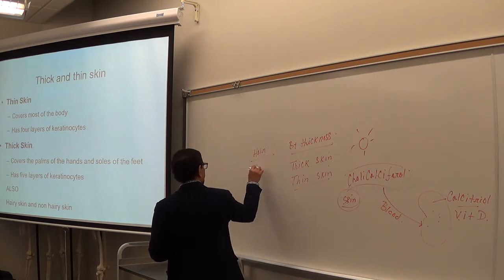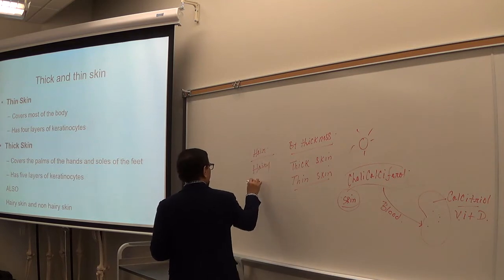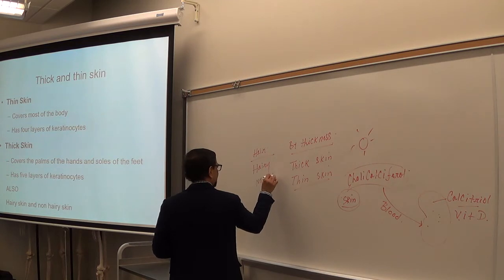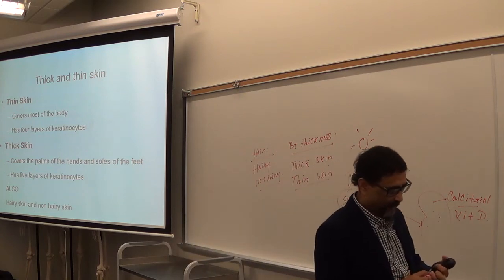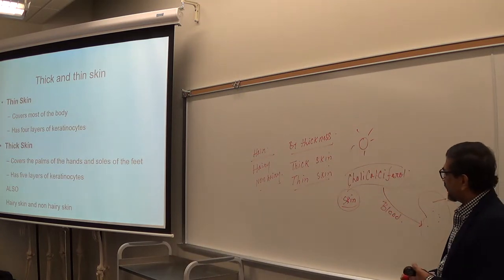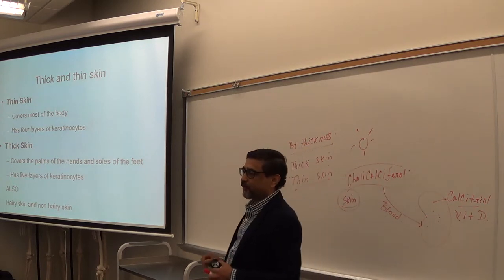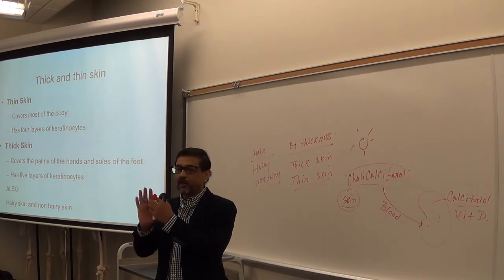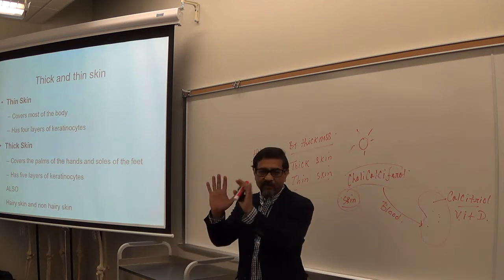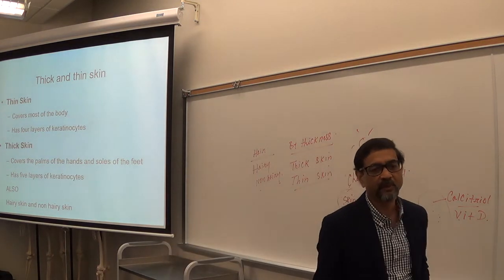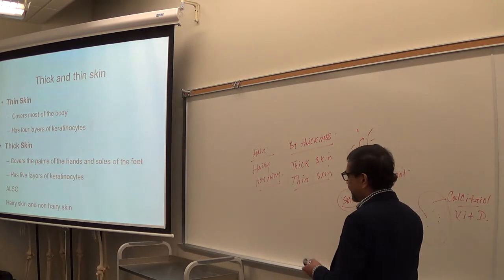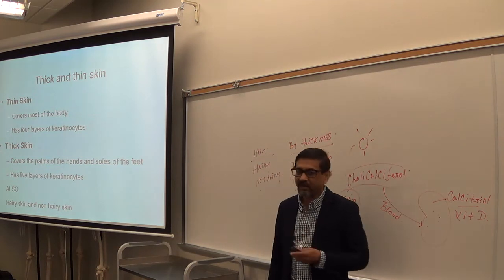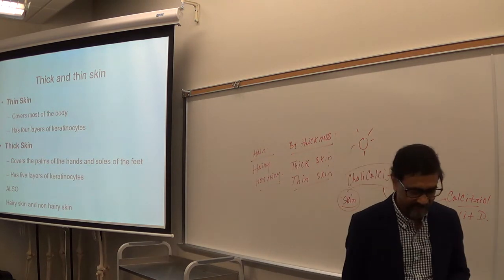Hairy skin and non-hairy skin. So those are two ways we divide the skin. Thick skin is present only in few areas. For example, the palms of your hands and soles of your feet. So the rest of the area of your body is covered by thin skin.